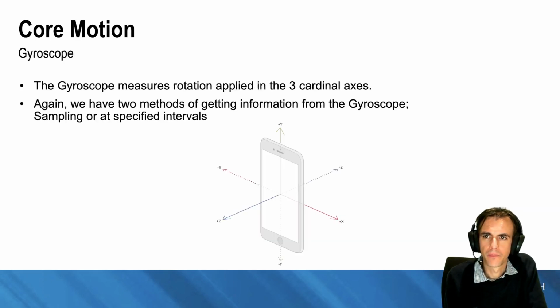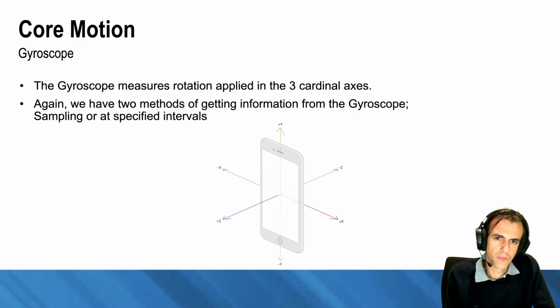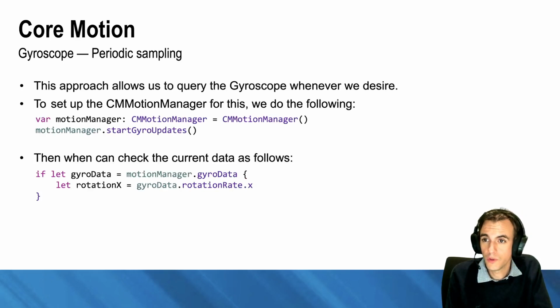In terms of the gyroscope, it's all about rotation of the device, again as components in three axes. And as before with the accelerometer, we can access it in two ways, sampling or at specific intervals. And this code is going to look almost identical, so I'll run through it pretty quick.